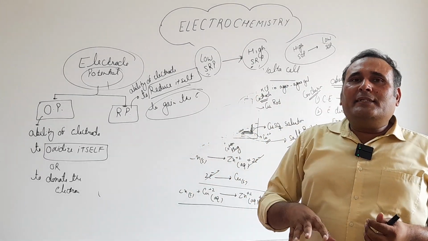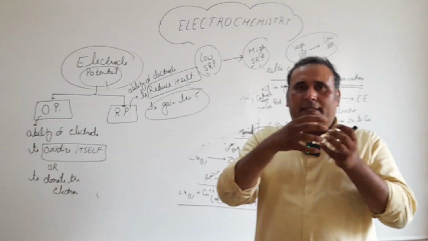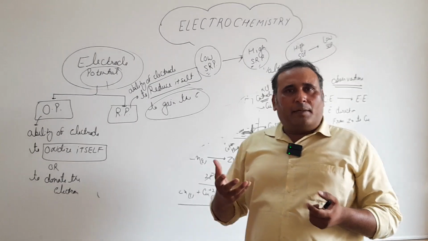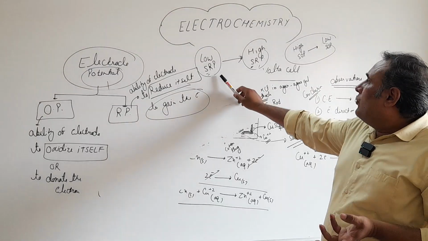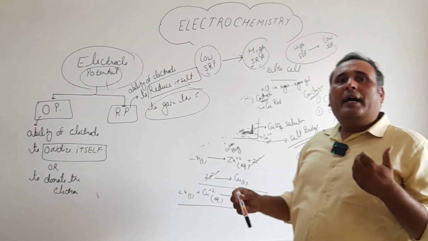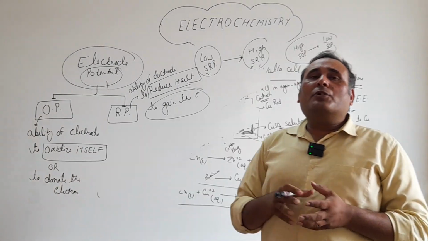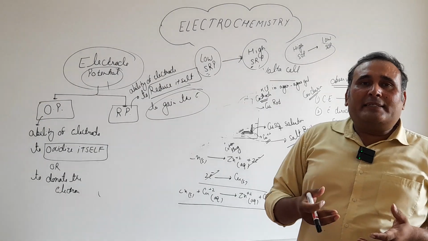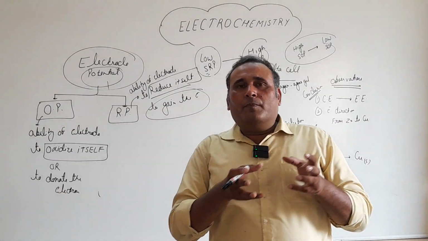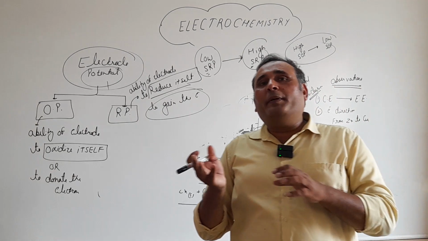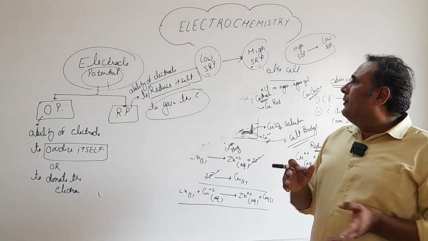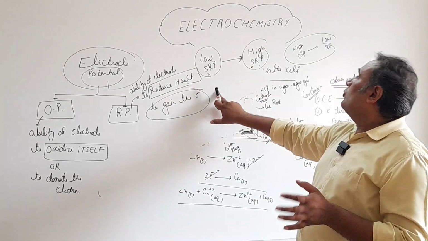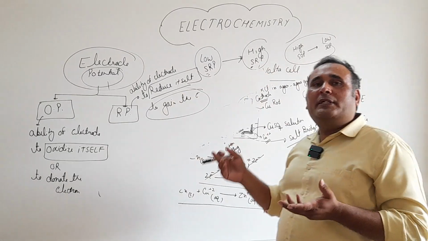That's why the whole NCERT takes SRP, and we will also take SRP. So electron moves from low SRP to high SRP. If the question is about SOP, you can reverse it. Low SRP to high SRP means high SOP to low SOP, opposite things.